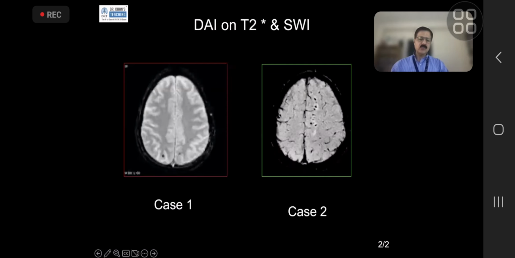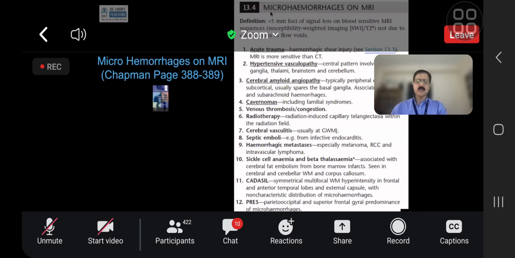But the key sequence, which is the exam sequence, is T2 star, which is a gradient echo, or SWI, where you will see low intensity foci at the classical locations, but they will be more elaborate. They will be more than what you see on CT because the sensitivity is very high. This is from Chapman 13.4, microhemorrhages on MR.